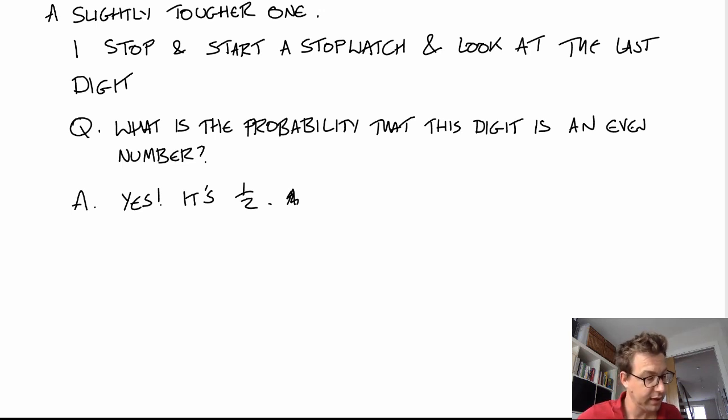So again, we've counted up and looked at a subset of the set of outcomes that can occur, and the event that we get an even number is the sum of those. It's 5 out of 10.